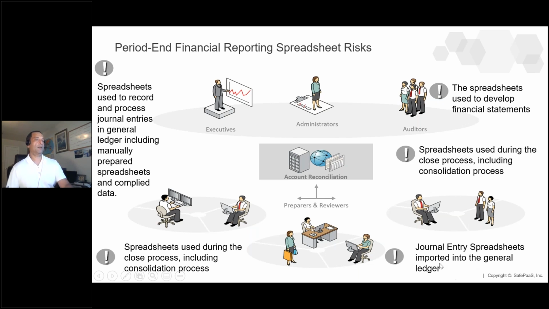And then down here in my bottom right corner, journal entries imported into the general ledger. Now that's a very common risk. I worked most of my professional career with Oracle. Oracle has this tool called WebADI that we have used for many years. It's a very stable tool. But there are some challenges, because you can change the profile options in Oracle, and you can bypass some of the validation of accounts, right?